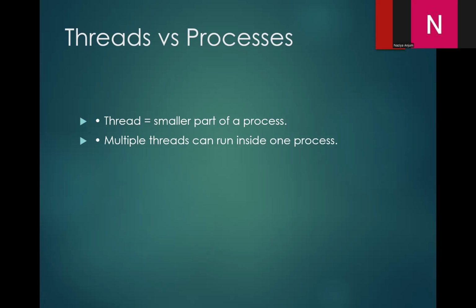All inside one process. So you can say that thread is a small part of that task and process is a big task. Threads help programs work faster and smoothly, right?